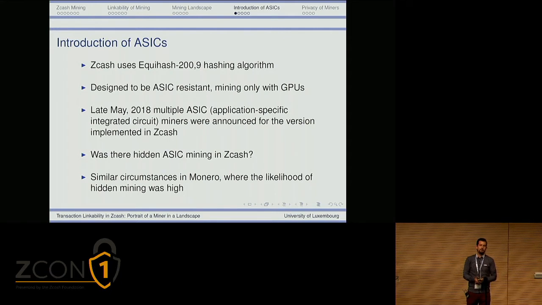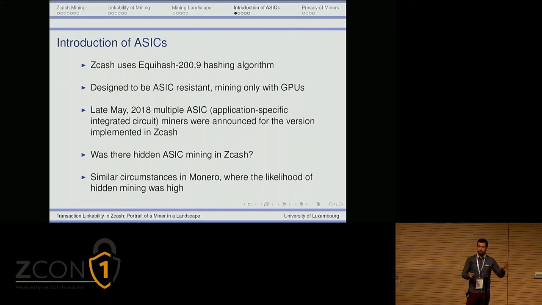And then the first question that came to people inside Zcash was whether there was any hidden ASIC mining inside Zcash, as in the same circumstances in Monero, it is widely believed that there was a very sizable amount of hidden ASIC mining before these ASIC manufacturers even announced that they had this ASIC ready for the market.